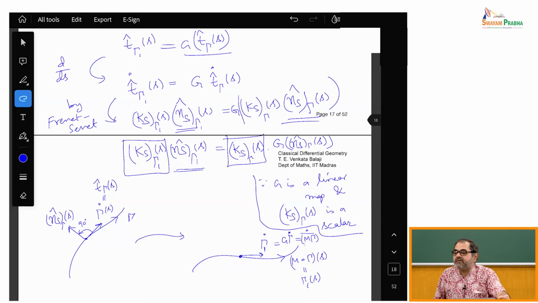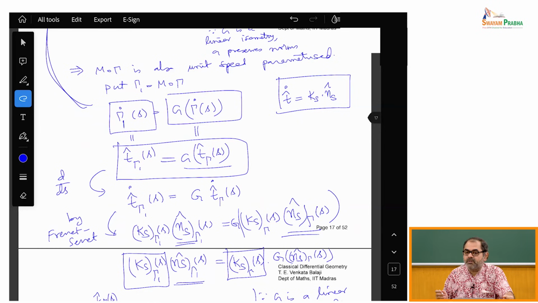See, the point is that when you take the dot, the translation part in M is gone, okay. When you do d by ds, the translation by a constant vector vanishes. So the only effect left of what is remaining is the rotation, which is G. So you see it is just G of gamma dot, okay. So that is already here.